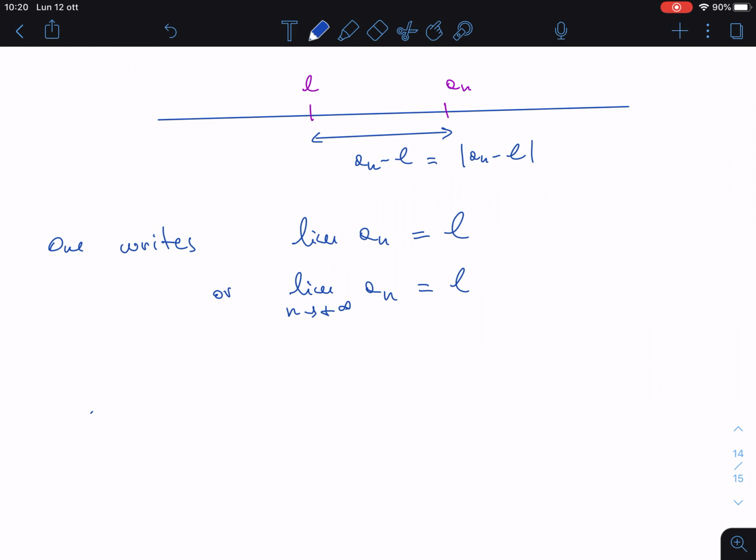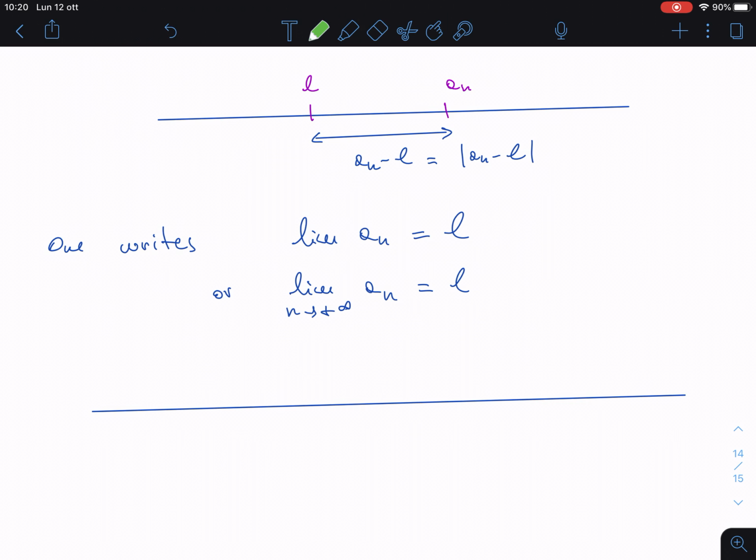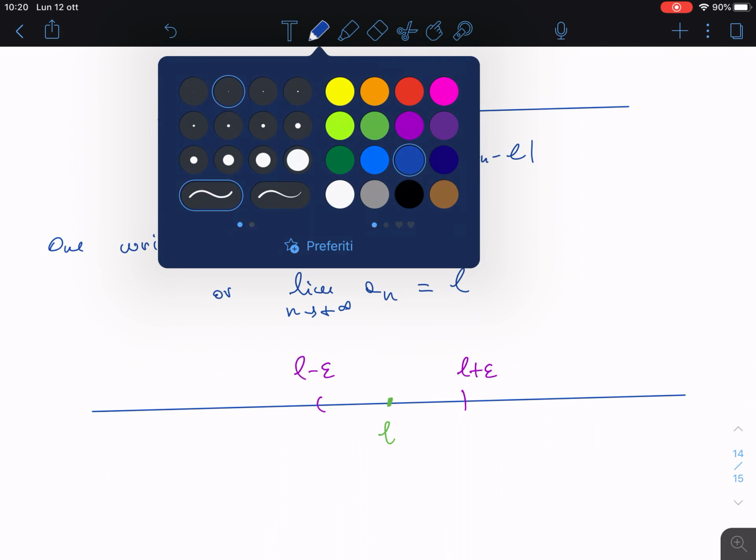You have in the first representation here L, and so here you have L plus epsilon, L minus epsilon, and however small epsilon is, it does not matter.